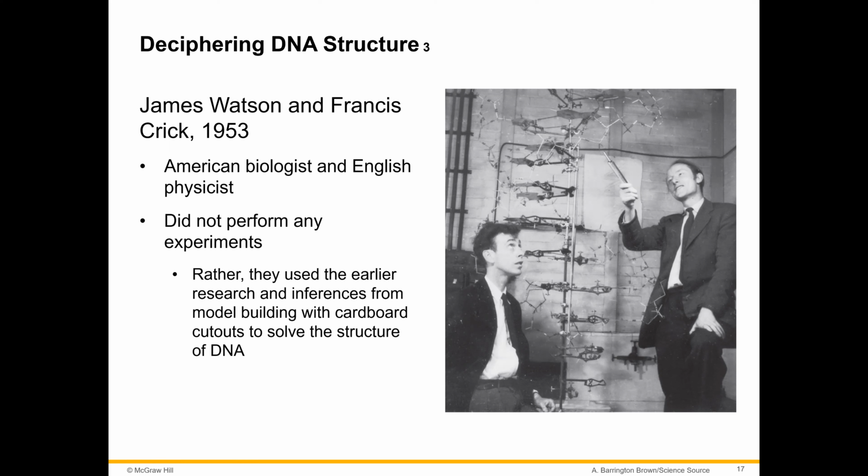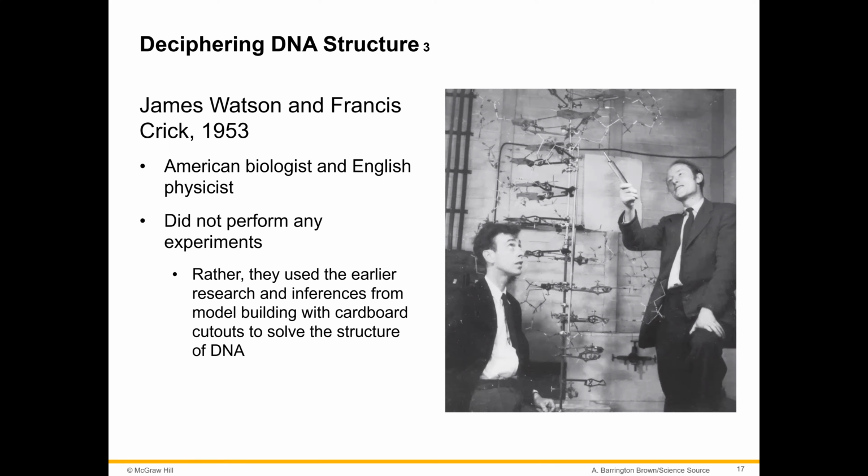That we have subunits made of sugar, phosphate, and base, and we have 4 bases, and they are kind of complementary to each other. So the number of A bases and T bases are the same, C and G bases are the same.